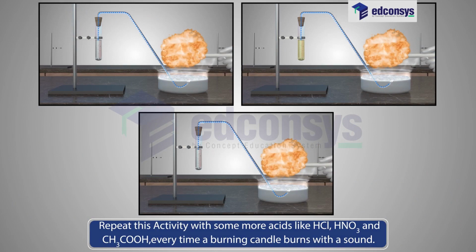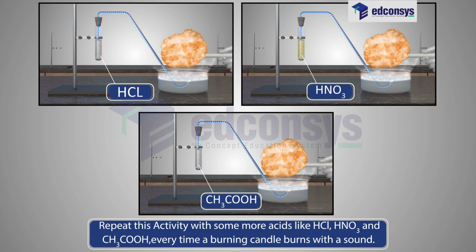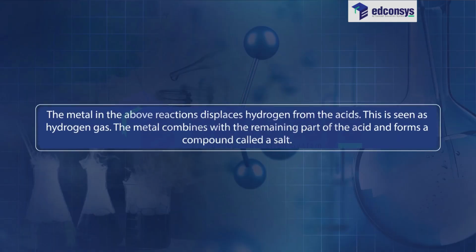Repeat this activity with some more acids like HCl, HNO3 and CH3COOH. Every time, the burning candle burns with a sound. The metal in the above reactions displaces hydrogen from the acids. This is seen as hydrogen gas. The metal combines with the remaining part of the acid and forms a compound called a salt.